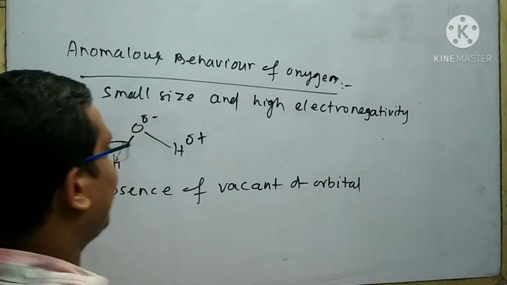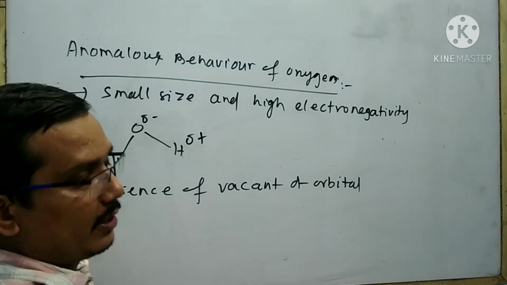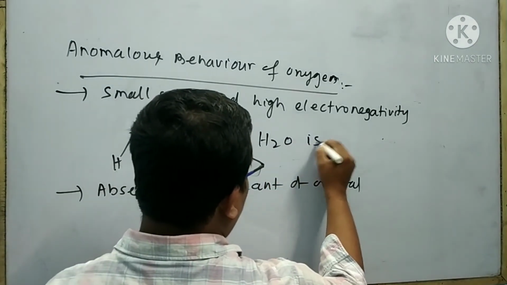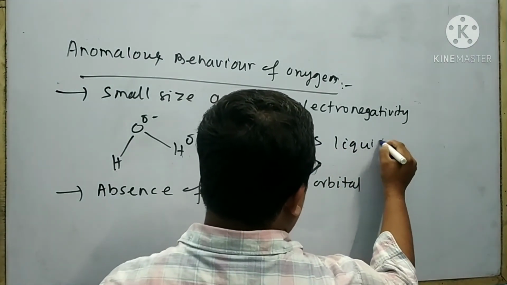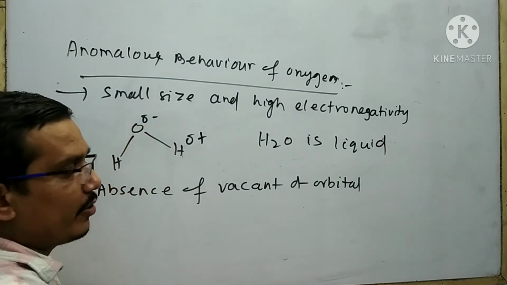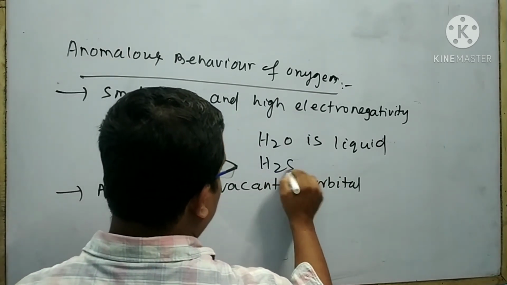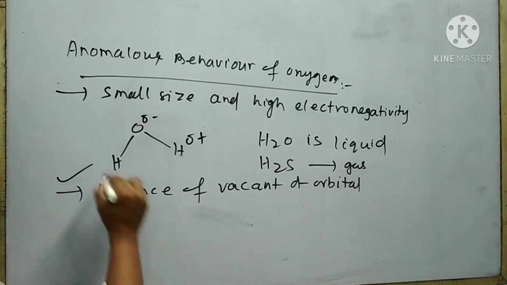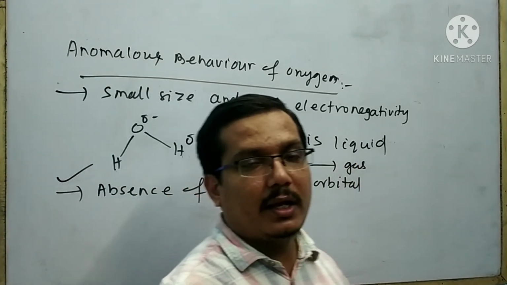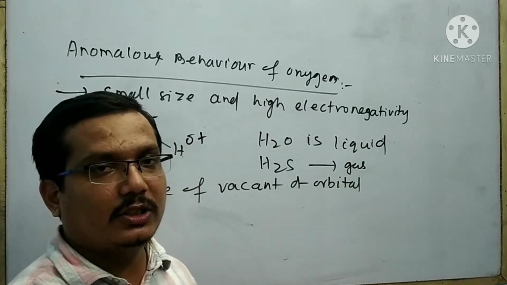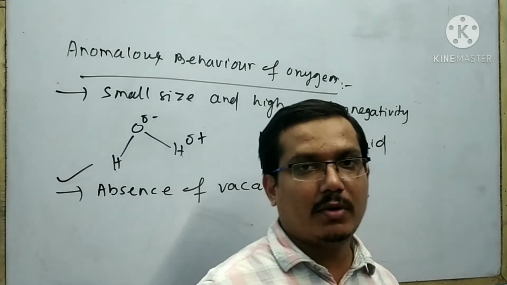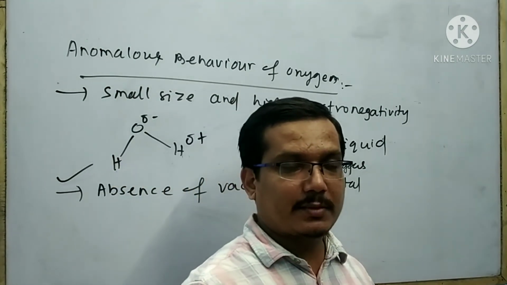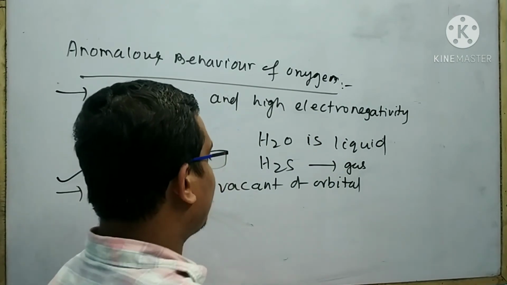Due to the presence of hydrogen bonding in water, water is a liquid. On the other hand, due to the absence of hydrogen bonding in H2S, H2S is a gas. Due to the absence of vacant d orbitals in the oxygen atom, oxygen shows a maximum covalency of 2, while other elements expand their covalency up to 6.